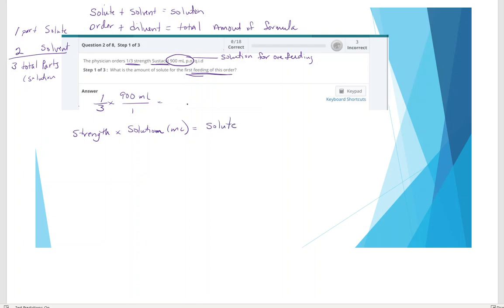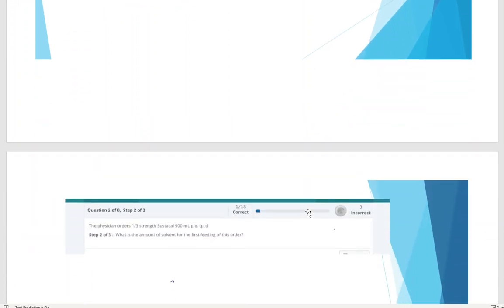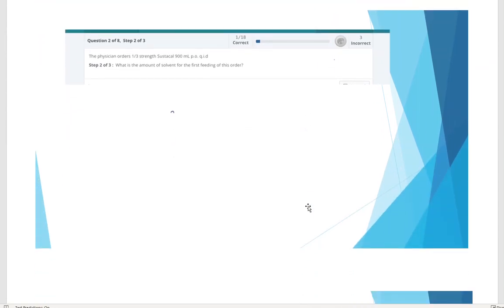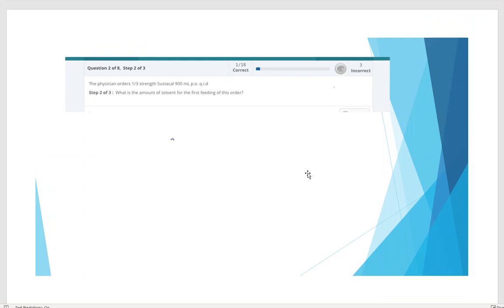So 900, 1 times 9 is 900, 3 times 1 is 3, so 900 divided by 3 gives me 300 milliliters of solute. So don't overthink these. They're not that complicated. You just got to be able to read them and understand.